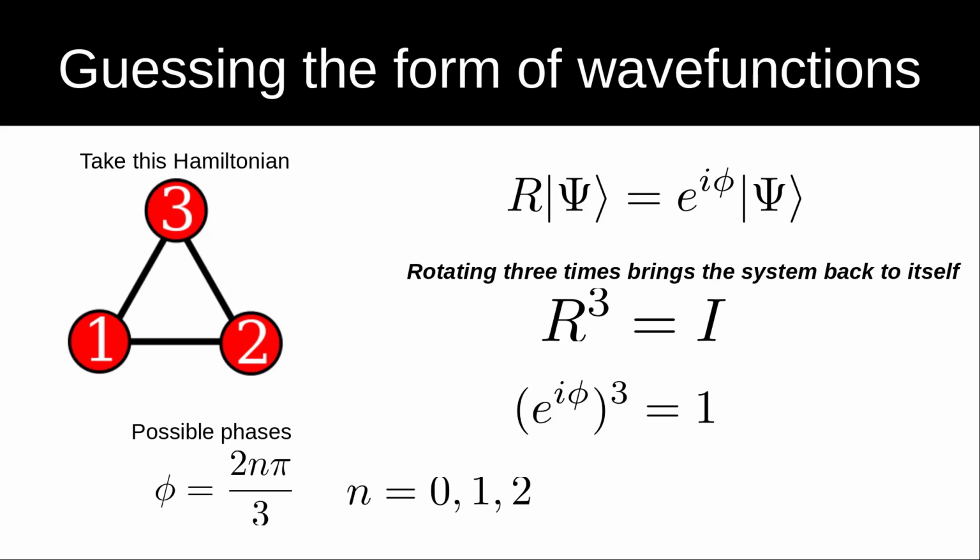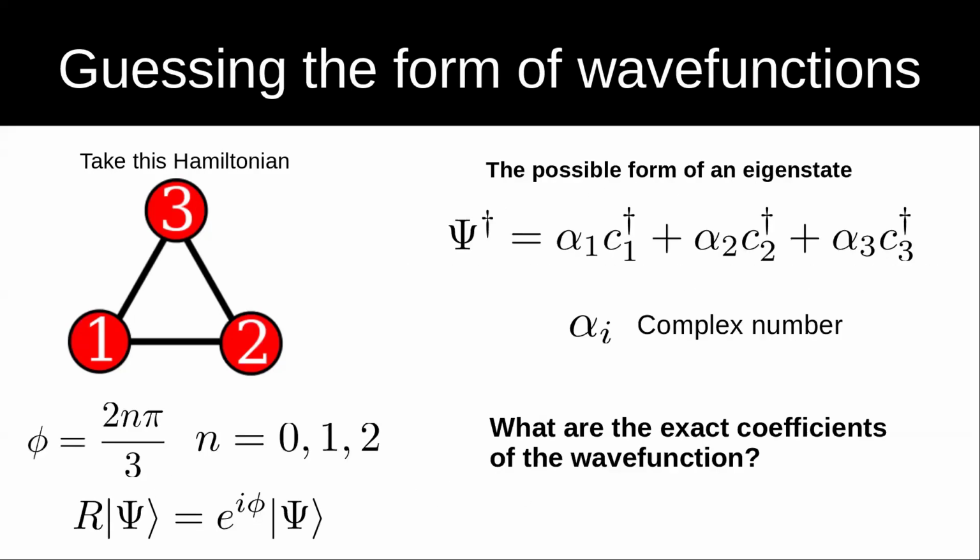You can think about all the complex numbers with this property, and you will see that the complex values with this property essentially have a phase that is 2nπ over 3 with n = 0, 1, 2. So with this, you already have a lot of information about the eigenstates of your Hamiltonian. Let us look at them in more detail.